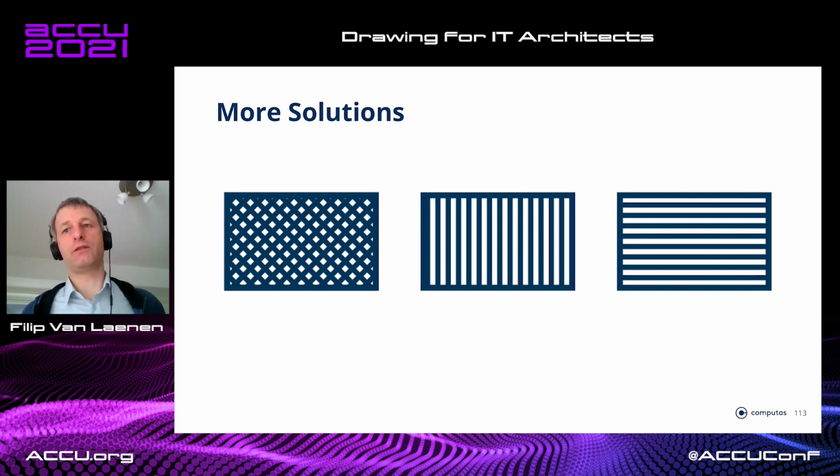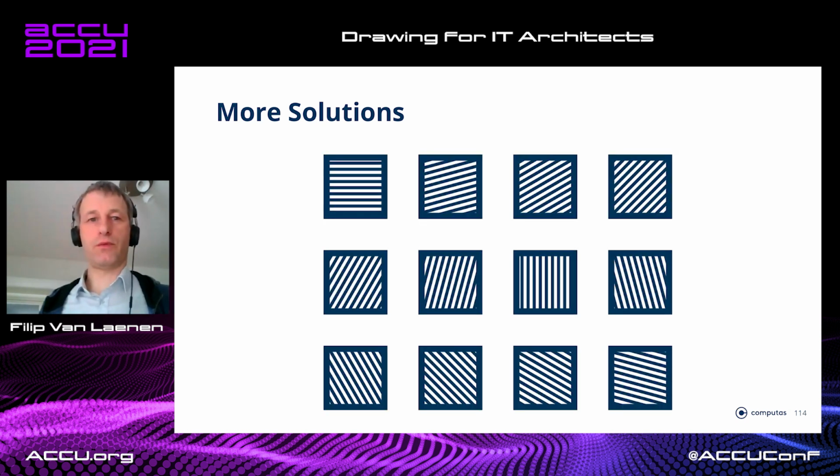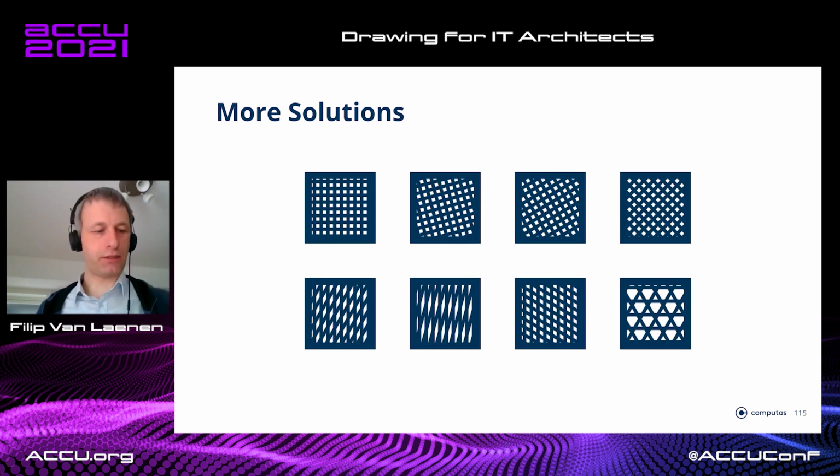So you can actually hatch vertically or horizontally or in both directions. You can change the angle at which you draw the hatching. And you can put two or three hatchings on top of each other at different angles.